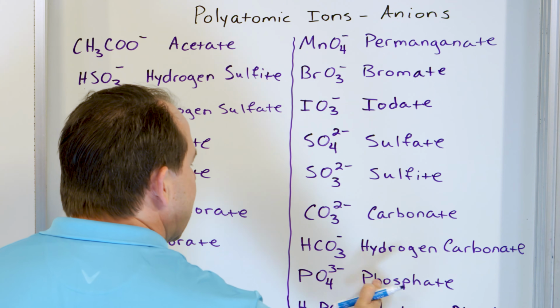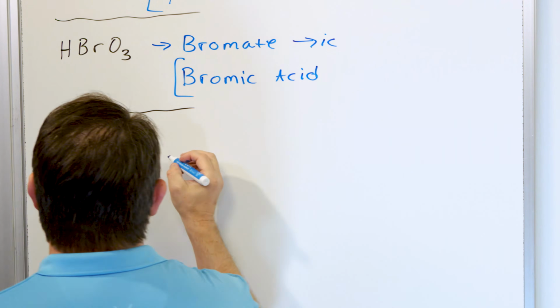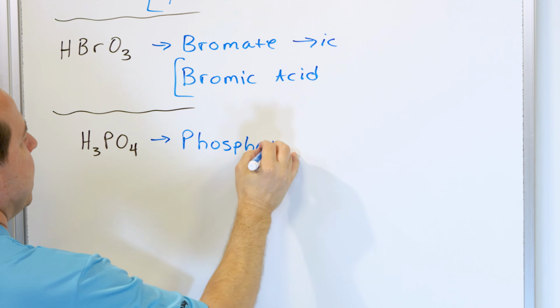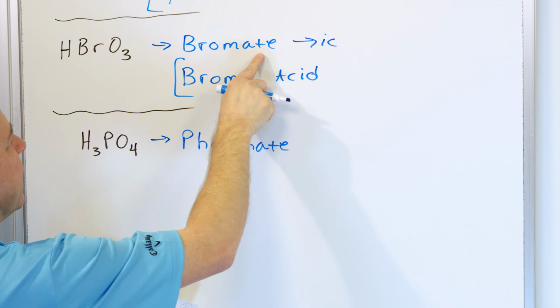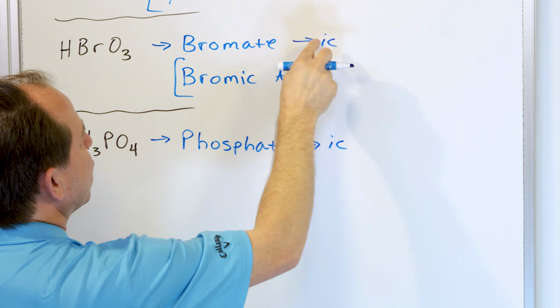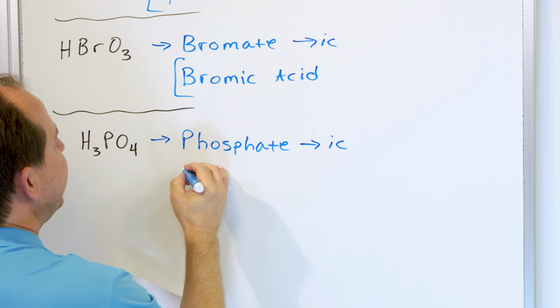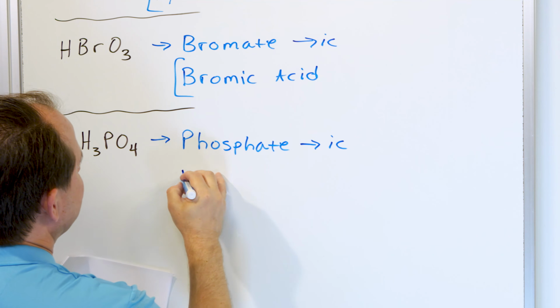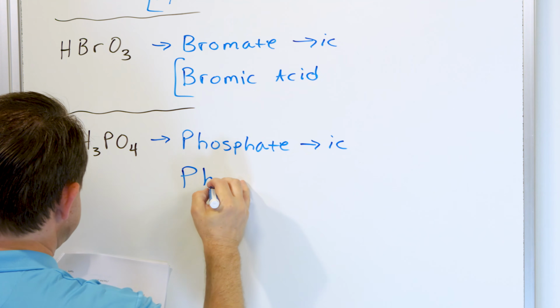PO4 is a polyatomic ion called phosphate. So that's the anion. It's phosphate. And what do we do for ATE up here? We just changed it to ic, and bromate was bromic acid, so phosphate will be phosphic acid. Except phosphic acid sounds weird, so we actually put phosphoric acid.